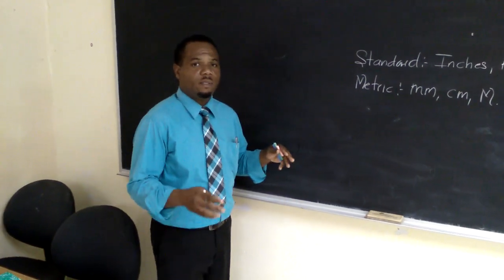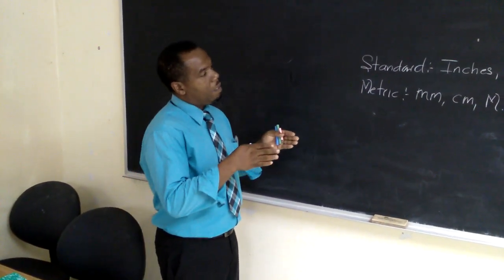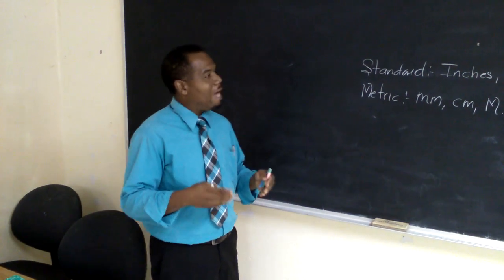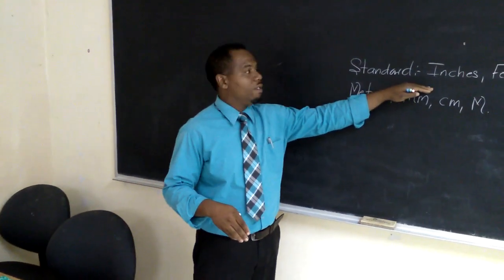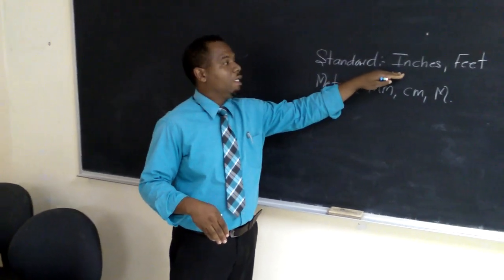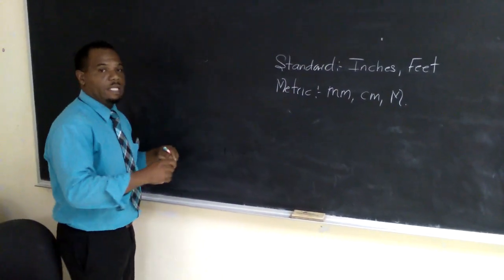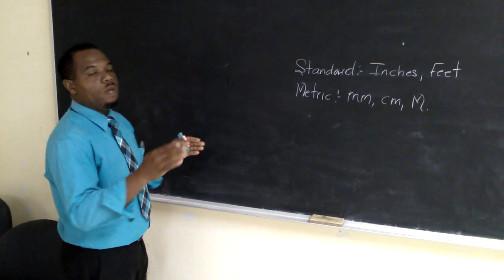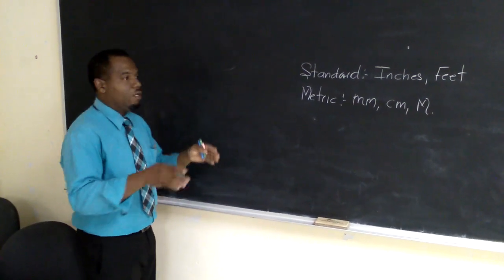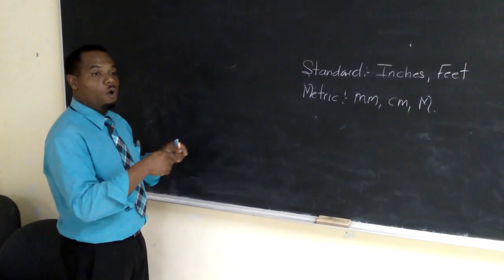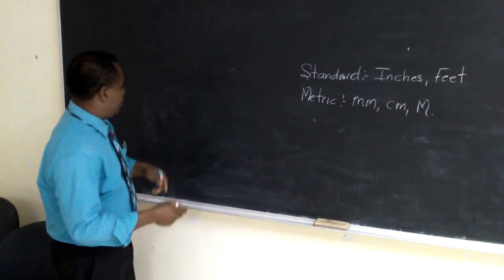Now, most times, beginners will have some challenges measuring in inches, in that they may have some problems reading the measuring tape in inches. And so, we want to start by focusing on reading your measuring tape or your ruler in inches.